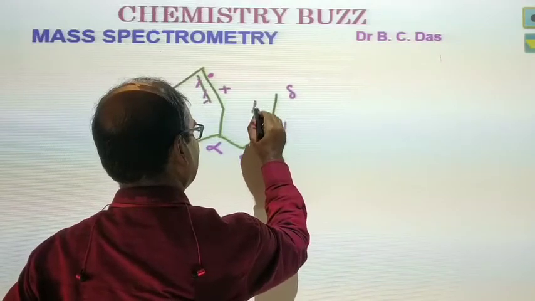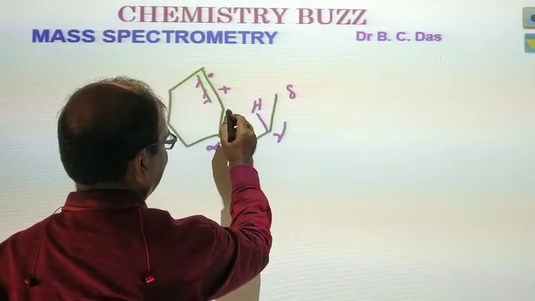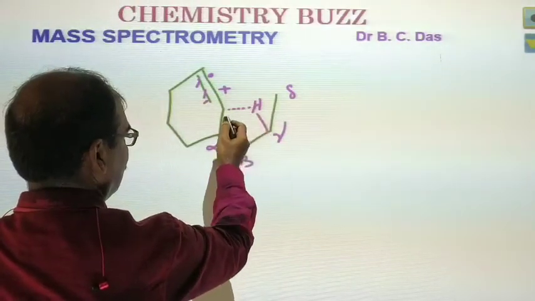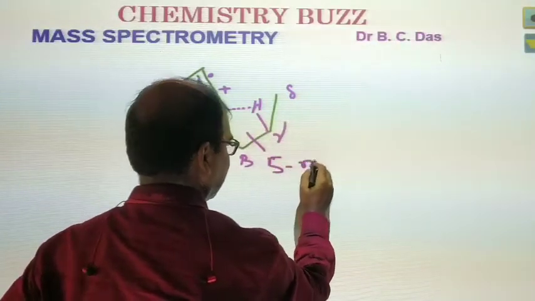A transition state will be formed, but this transition state is 1, 2, 3, 4, 5, a 5-membered transition state.